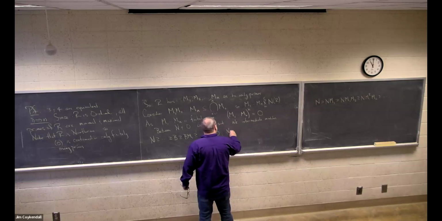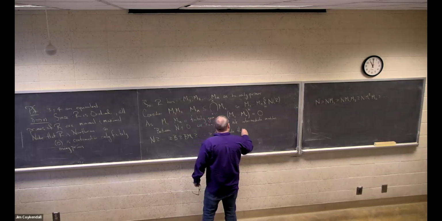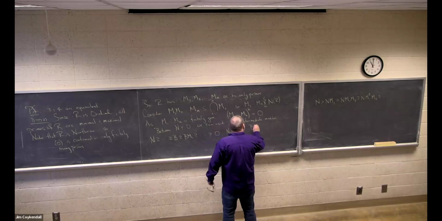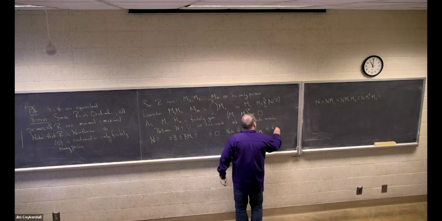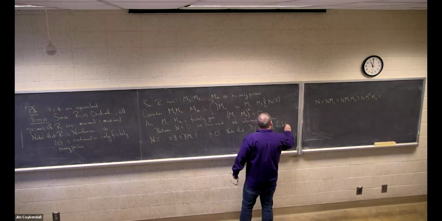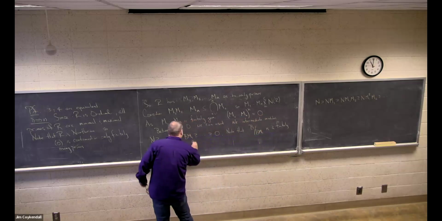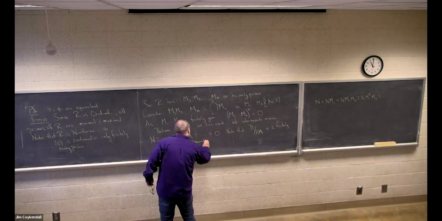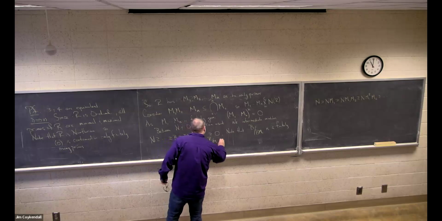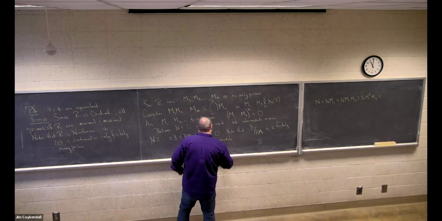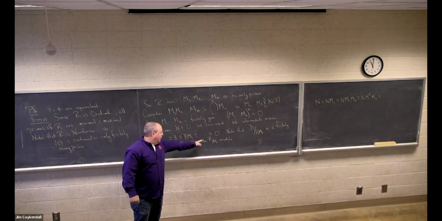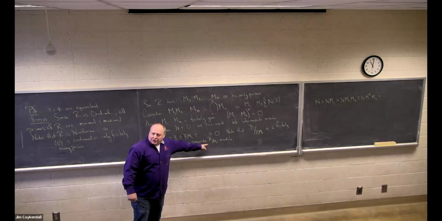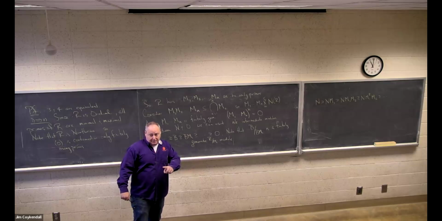Note that B mod BMi is a finitely generated R mod Mi module. That's easy to check. And what kind of ring is R mod Mi? Even better, it's a field.